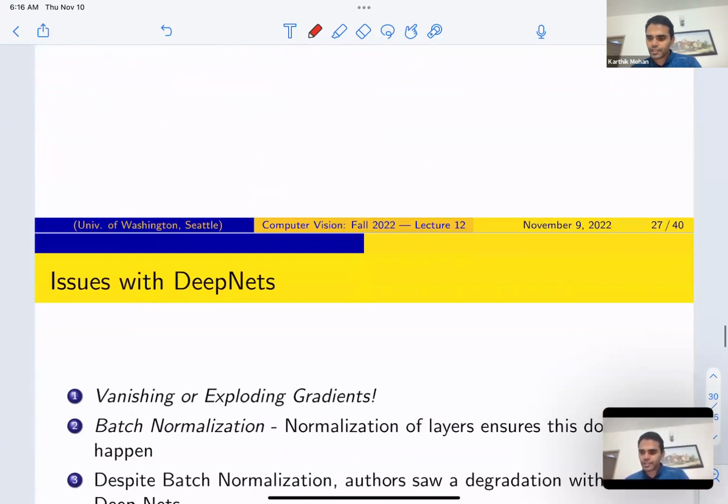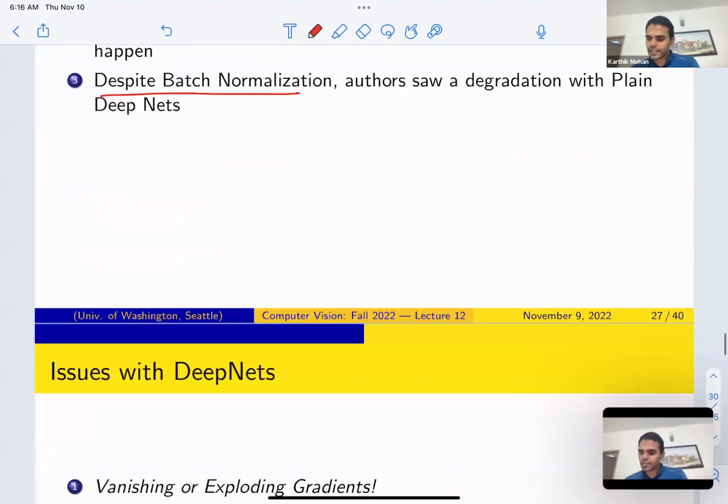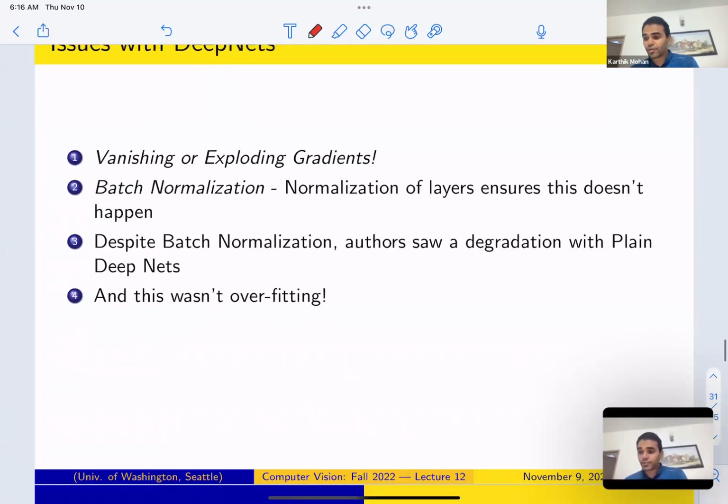Okay, so despite batch normalization, authors saw a degradation with plain deep nets. So degradation is not something to do with vanishing or exploding gradients. It's just a quirk of deep nets that you're seeing this issue. So that was surprising, and it was also not overfitting.